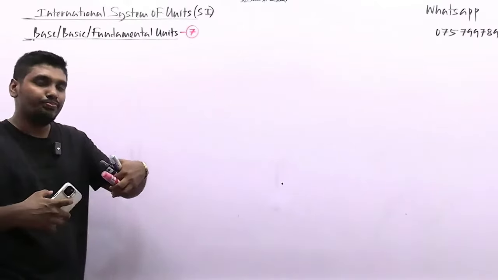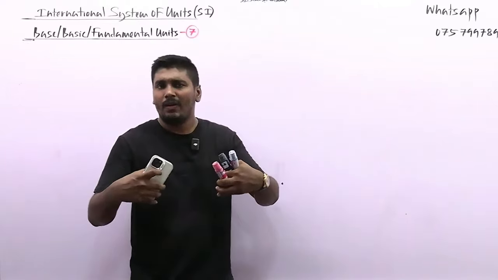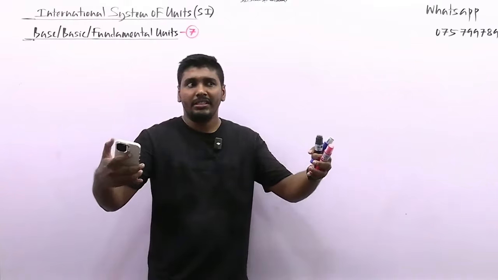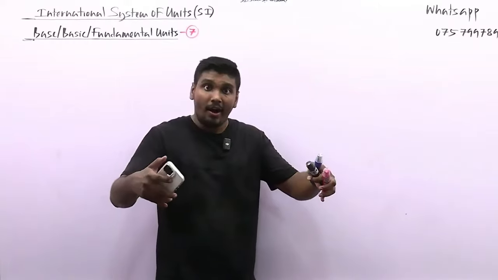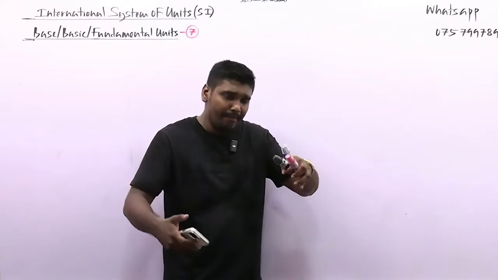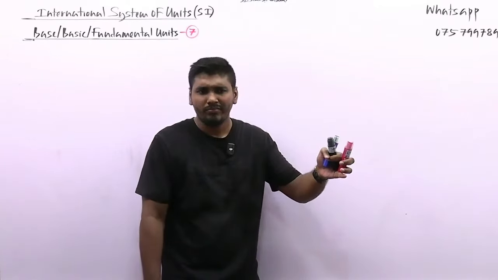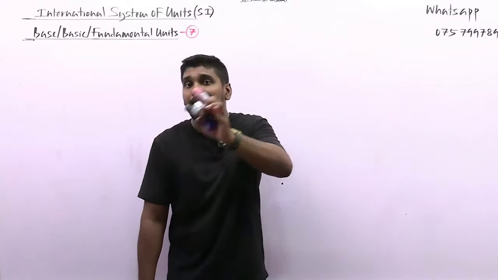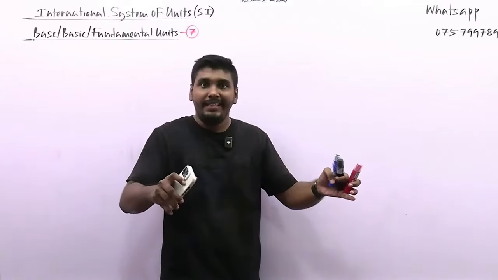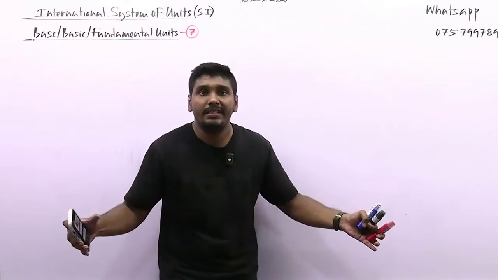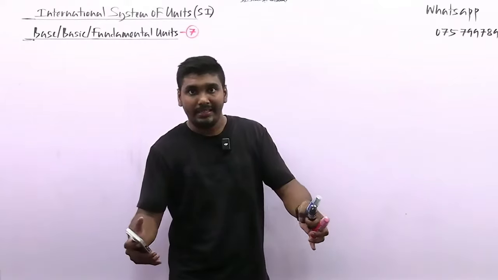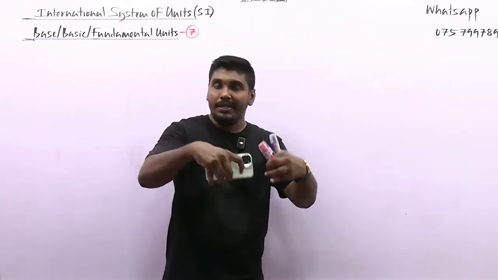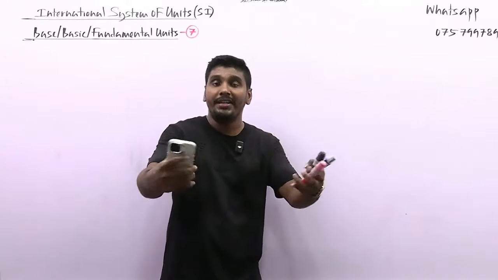We all know that there are plenty of physical quantities, like mass, length, time. If you consider the importance of those physical quantities, we can bring 7 main physical quantities as our basic quantities.